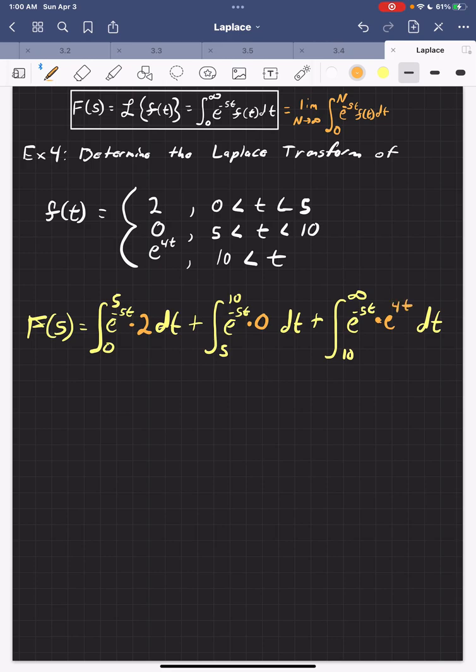Okay, so let's go ahead and start to think about how we would integrate each of these. With this first one here, we can bring that 2 out front.